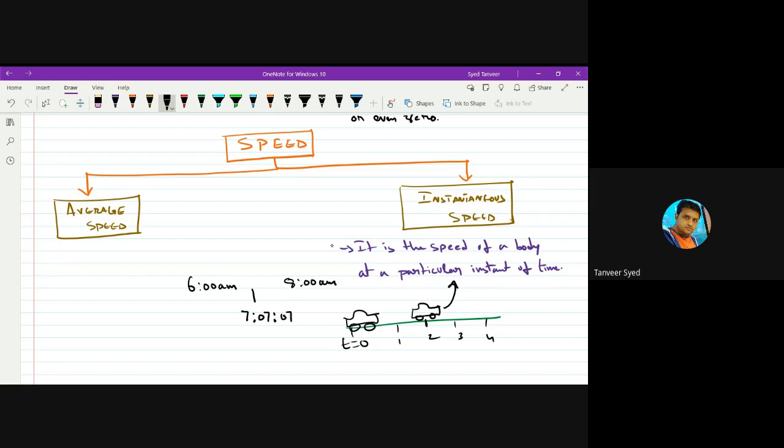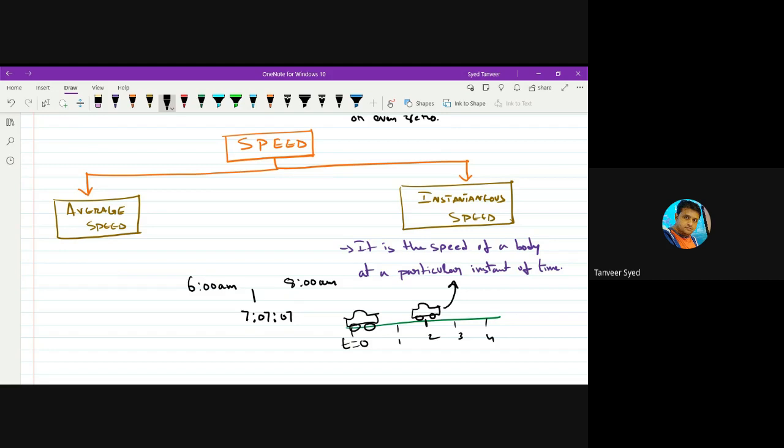And this instantaneous speed is shown by the speedometer. If you go fast, the speedometer shows the reading, like 60, 70, 80, 90, 100. If you slow down, the pointer comes down, 90, 80, 70, 60, 50. If the car is at rest, it will be at 0. If you again start moving, it slowly increases 5, 10, 15, 20. So the pointer of the speedometer always shows you the instantaneous speed.